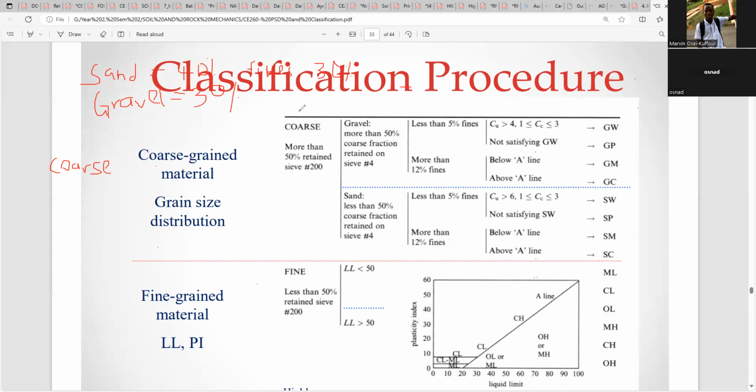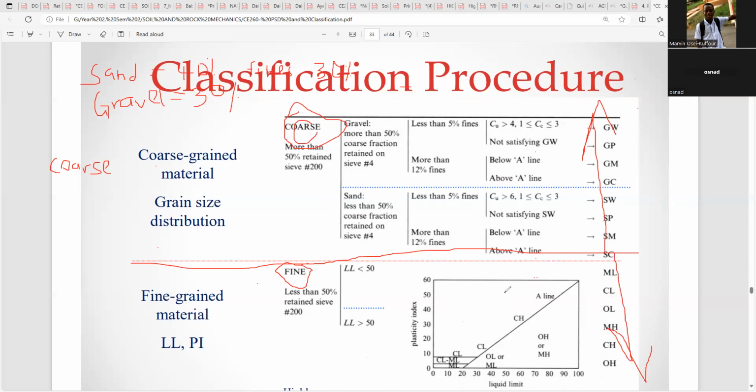So we are considering coarse and fine. Whichever goes with the description, then we follow its path. You can see there's a red line dividing these two. It means that the upper half is for the coarse and the lower half is for the fines.